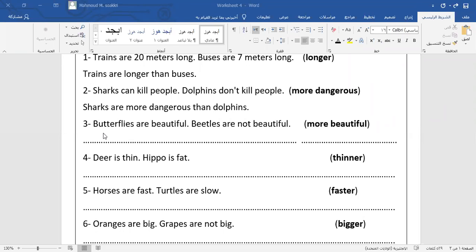Yes. Number 3. Read it, please. Butterflies are dangerous. Excellent. Beetles are not dangerous. Butterflies are beautiful. Beautiful. Yes. Now we want to make one sentence using more.